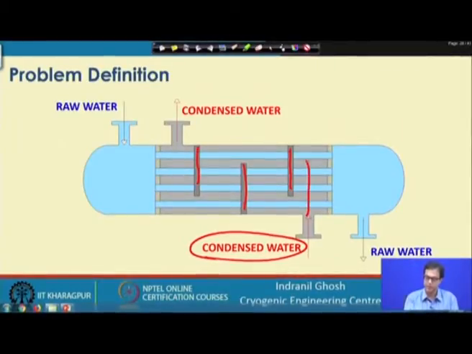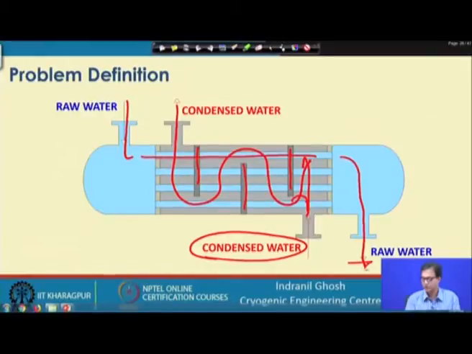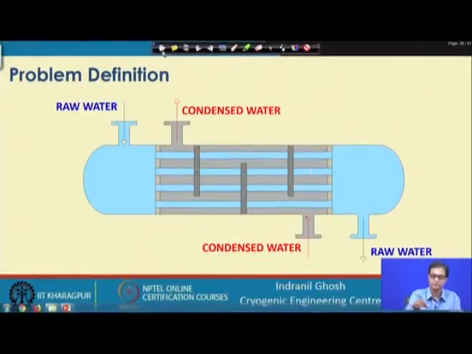I am sorry, this is not a good design. It is supposed to come from this end, and another baffle should be there, so it should come out from here. On the other side, the raw water is coming and flowing like this, and finally it will flow out from this outlet.